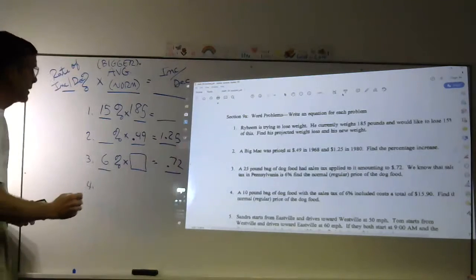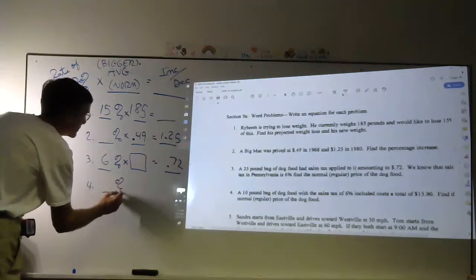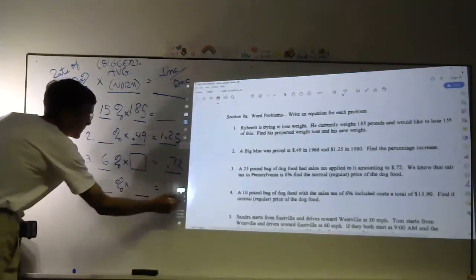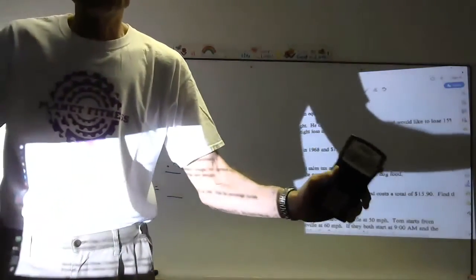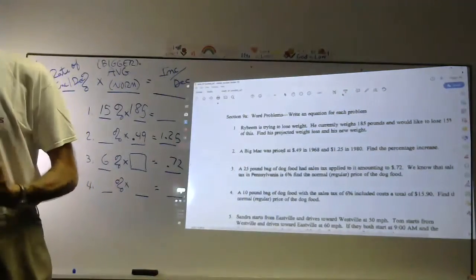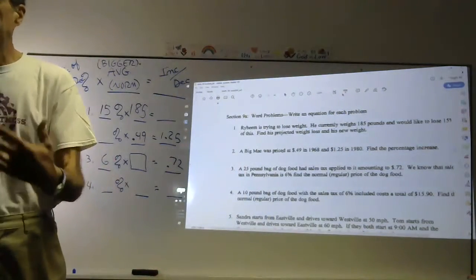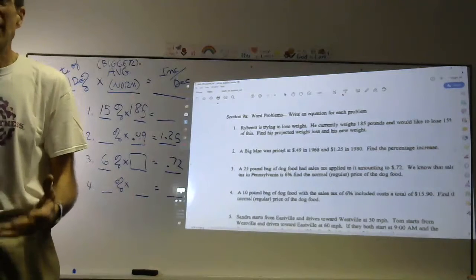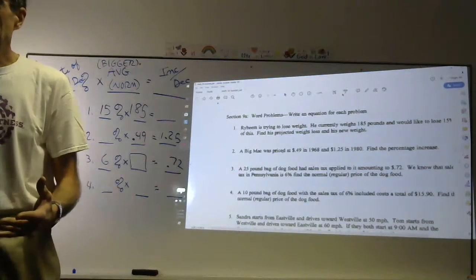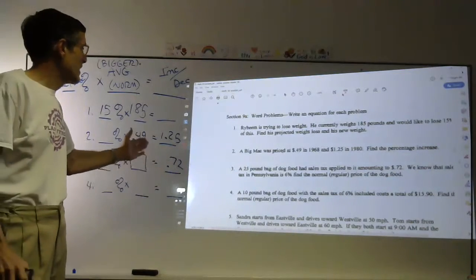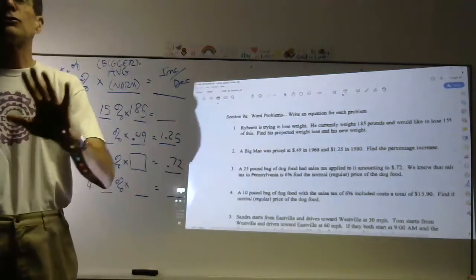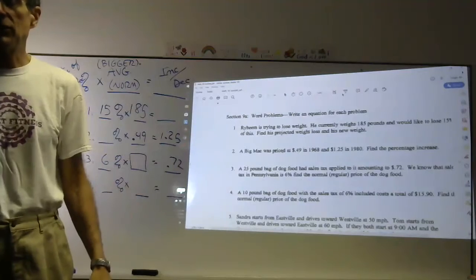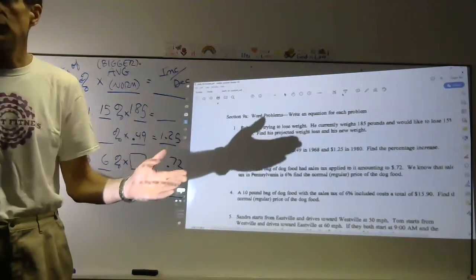Number 4, another percentage problem. Just let me go on my soapbox here just for a second. When you leave this class, you may never take another math course in your life, okay? So this might be the last time you get to think about percent problems, but you will be surrounded by percent situations for the rest of your life.